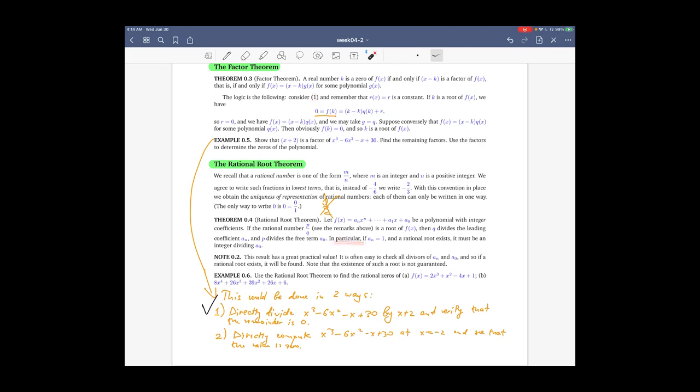In particular, if the leading coefficient a sub n is 1, q dividing the leading coefficient being 1 implies that q is 1, and so p over q equals p, and we get that our polynomial must have an integer root dividing the free term a sub 0.